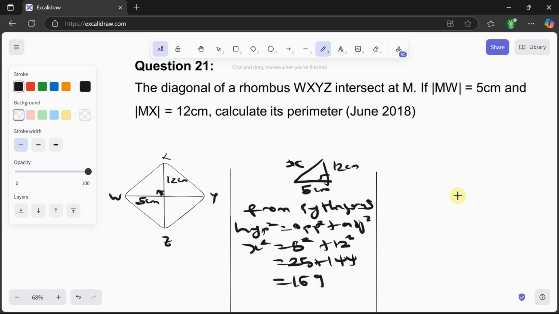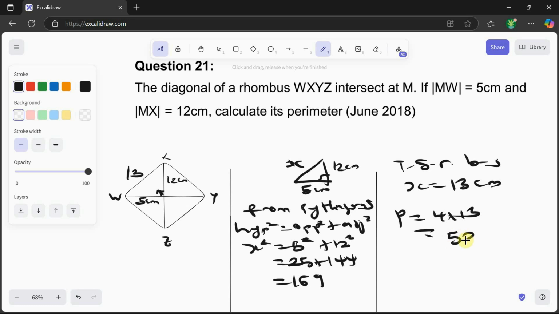And if I take the square roots of both sides, my X will be equal to 13 centimeter. So that means this side is 13. So the perimeter will just be 4 times 13, right? Because 1, 2, 3, 4. That will give me 52 centimeter.